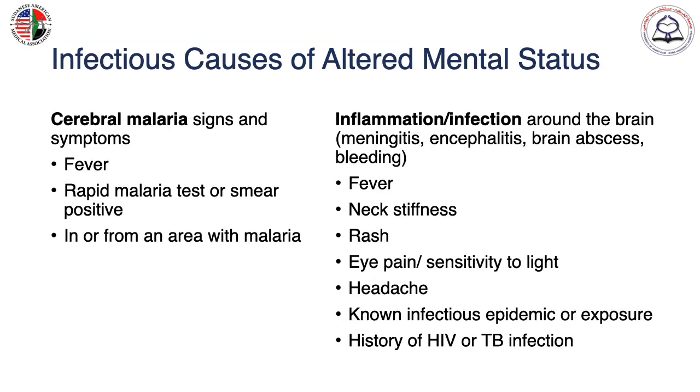Sepsis and cerebral malaria are very well-known causes of altered mental status. You can see fever, neck stiffness. In meningococcal infection, you can see skin rash, photophobia, headache, and it can happen during an epidemic of meningitis.